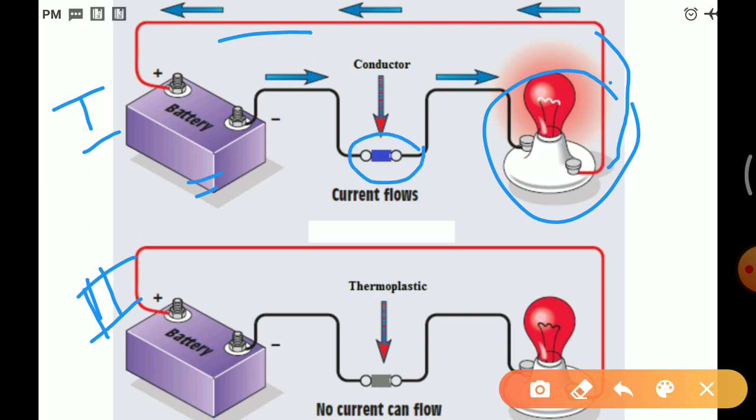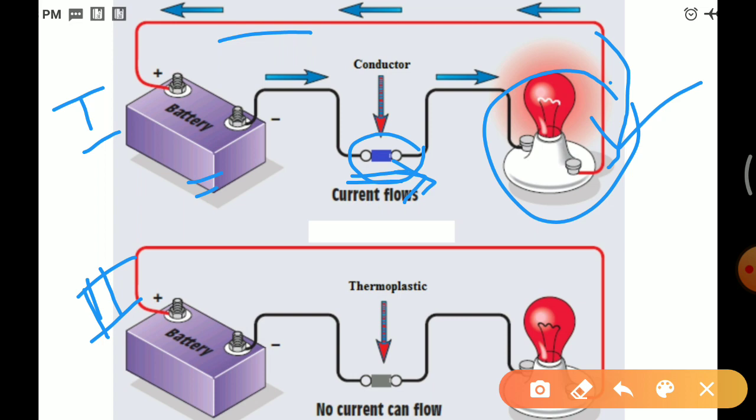It is a conductor, that's why the current will flow, and because the circuit will be completed, it will allow the electricity to pass through it, and the bulb will glow.